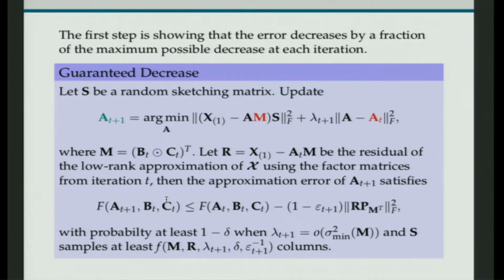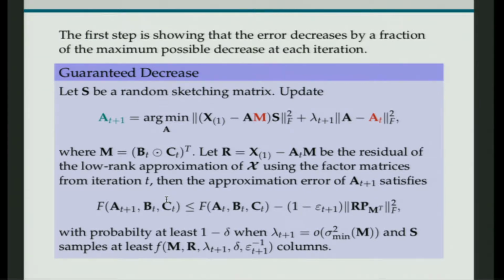So that's equivalent to asking, what shift can I add to A at time t to better approximate the residual, okay? So the best reduction that I can make is to completely capture the projection of the residual onto my system matrix. Okay, so what we're able to show is that at each step, you get some fraction of that optimal reduction.